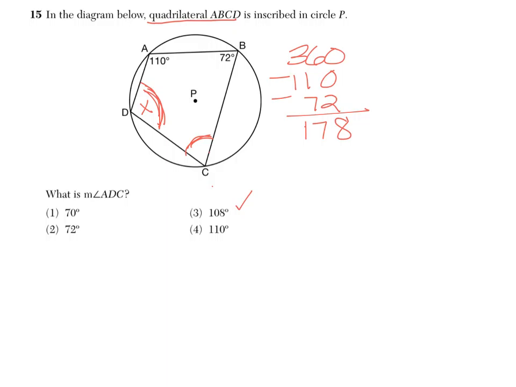However, I don't think that all these angles are equal. So as a result, my best educated guess is 108 degrees. If this is 108, then this would work out as 70, and then the whole sum of the quadrilateral would make 360. So reasoning this out, 108 works out perfectly.